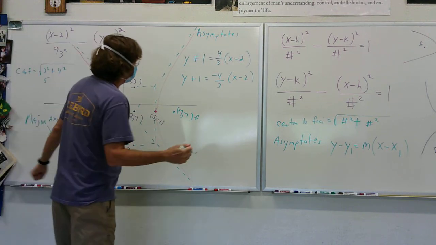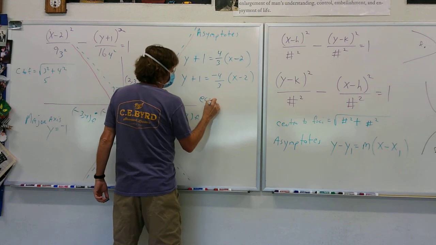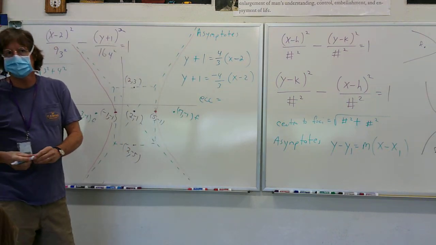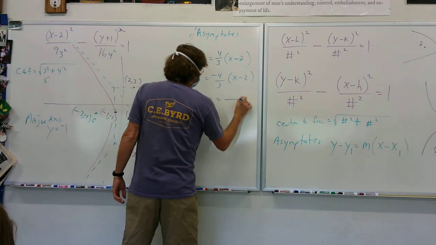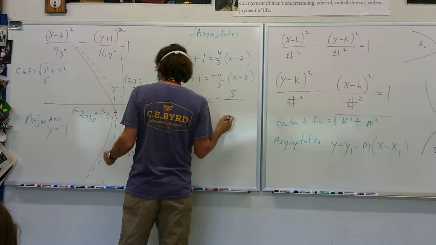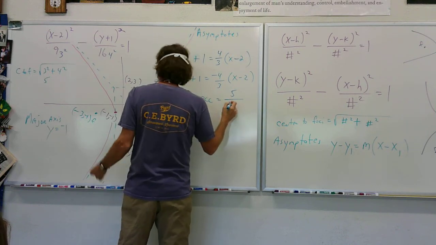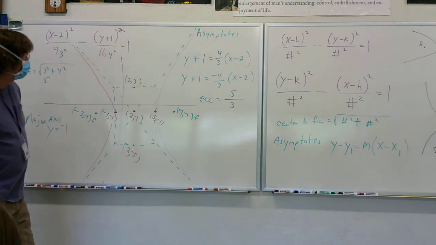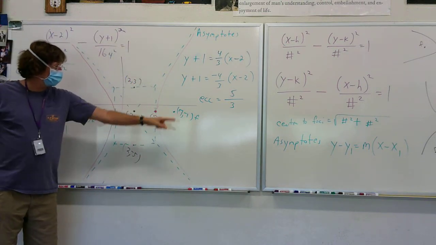All right, eccentricity. Eccentricity is the same formula as it was for the ellipse. So, center to vertex was 5, and center to focus was 5, center to vertex was 3. How far is it from here to here? How far is it from there?